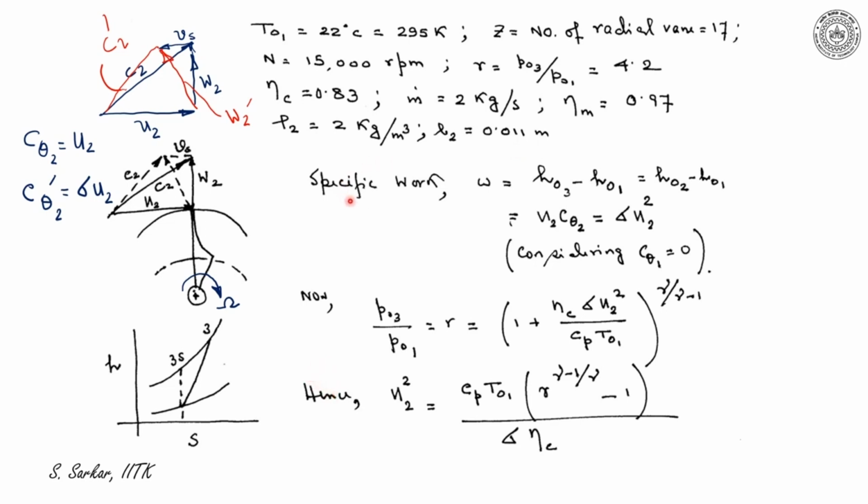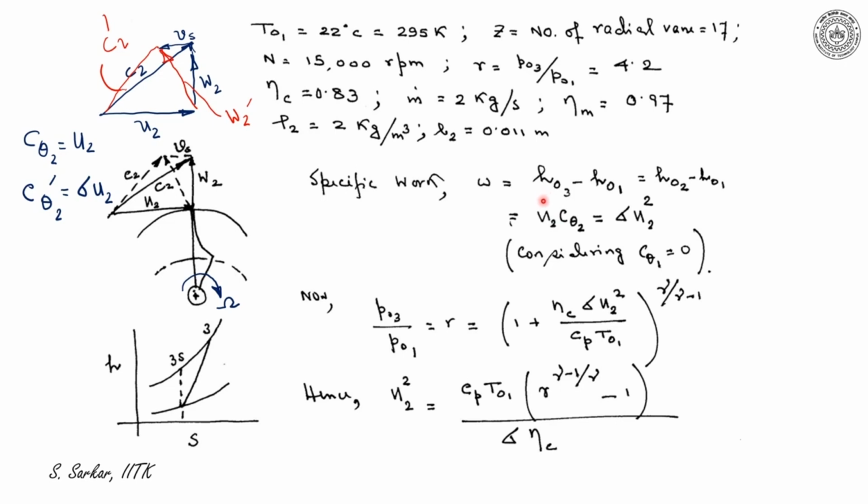Now I can write specific work, small w, that is work done per unit mass flow rate, is equal to h03 minus h01. h03 is the total enthalpy at exit of volute casing.